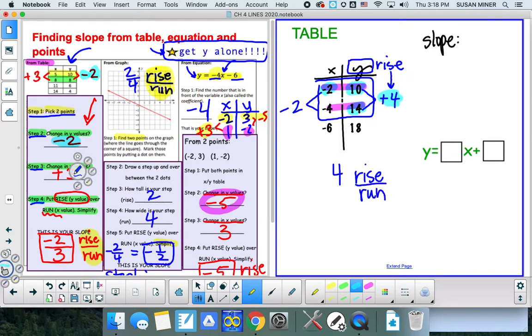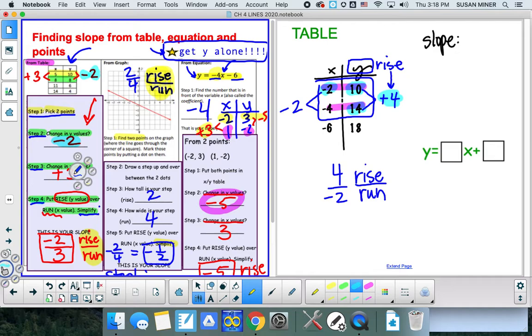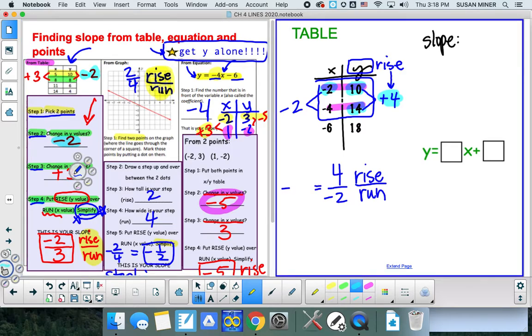The rise was 4. The run was -2. And then I always want to simplify. This might be a good place to put a little star or circle it to make sure that I don't forget to simplify, because if I have a fraction over here that reduces, I always want to reduce it. And so this is going to be 4 over -2, or again, I can reduce and just get -2.